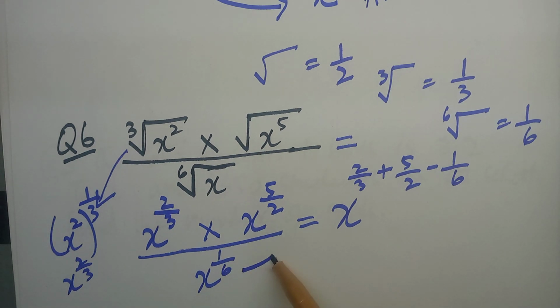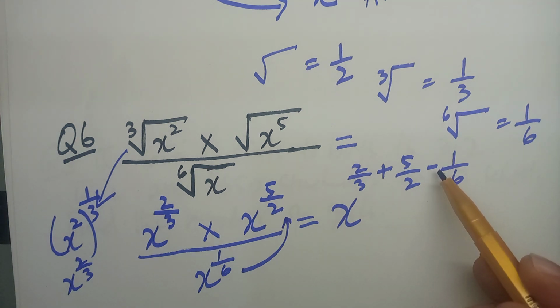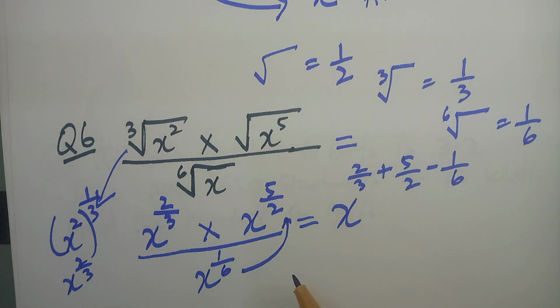So when you shift this x power 1 upon 6 to the numerator, its sign will change. The sign of the index will convert from positive to negative.